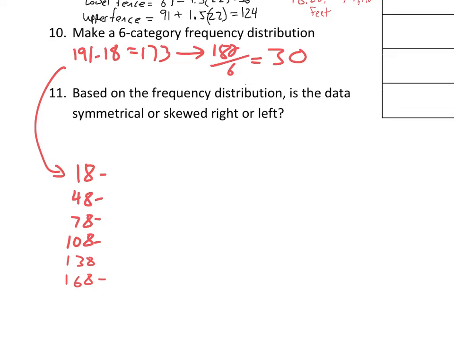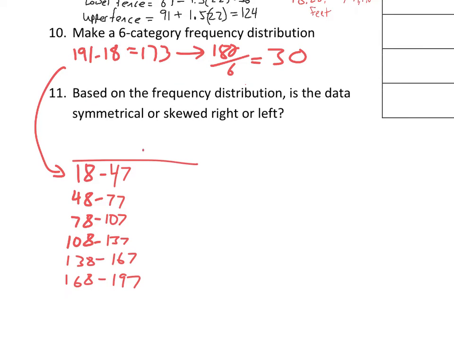Our next one would be 198, but we're going to stop at 197, so we don't need that category. These will go up to, but not touch, the next category. So I'm subtracting to get 167. There we go.